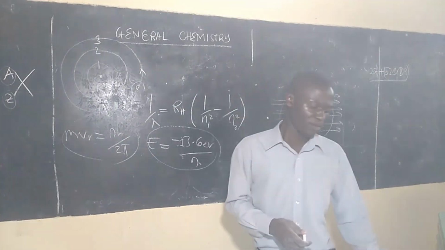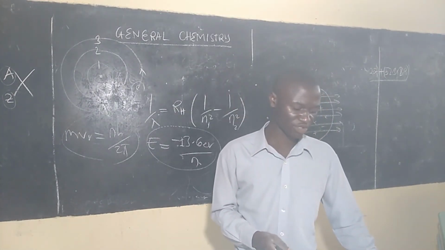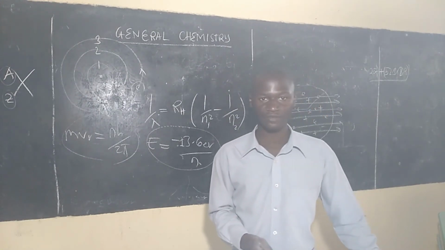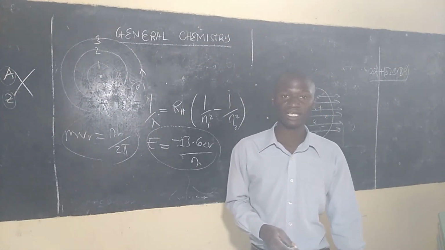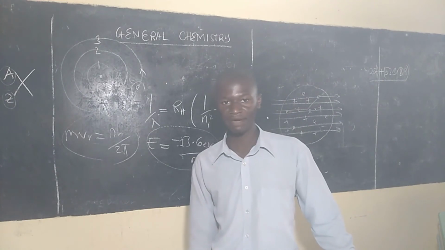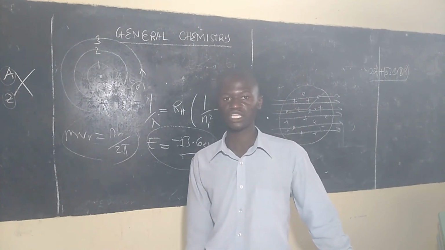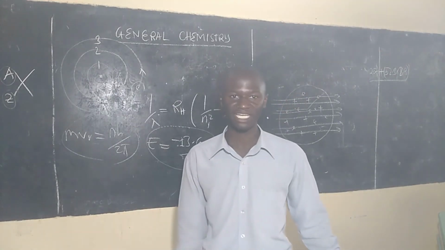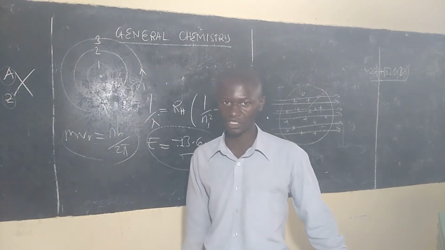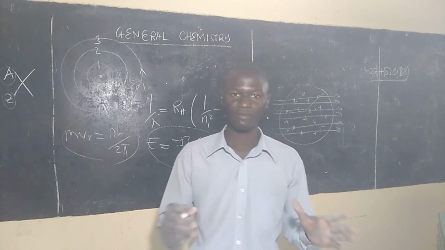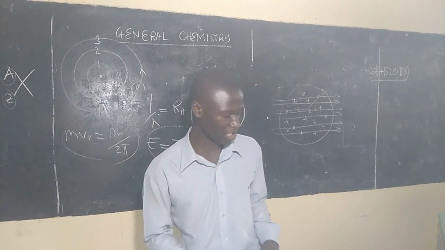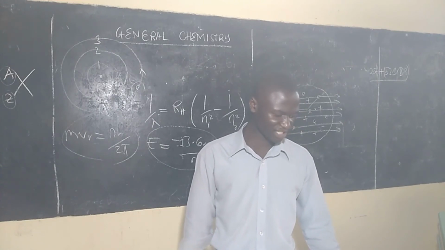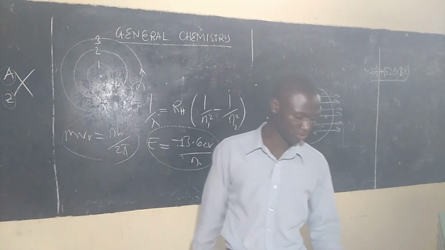From there, number 4, Bohr atomic model could not explain the splitting of spectral lines in a magnetic or electric field. We will discuss later about the Zeeman effect and the Stark effect, which are the splitting of spectral light. When you subject spectral lines in a magnetic or electric field, they are splitting, zinagawanyika. But Bohr failed to explain why so. Number 5, Bohr model doesn't explain the shapes of molecules.